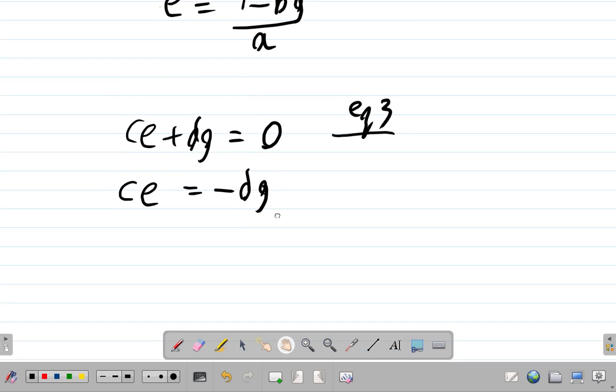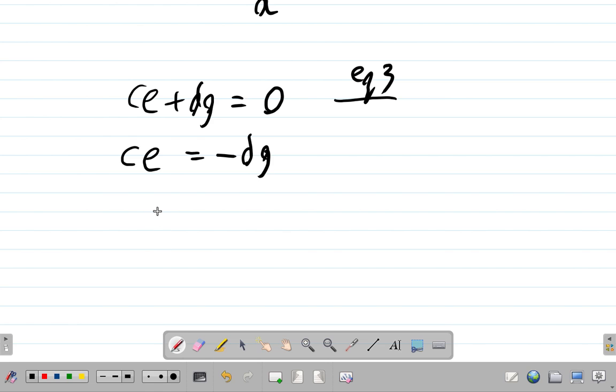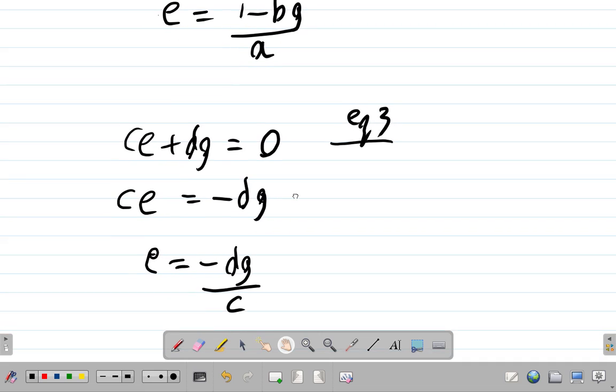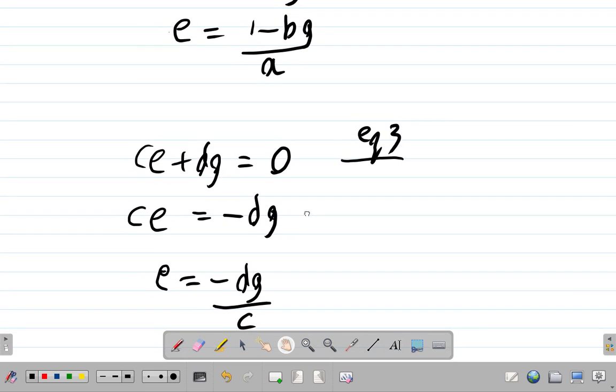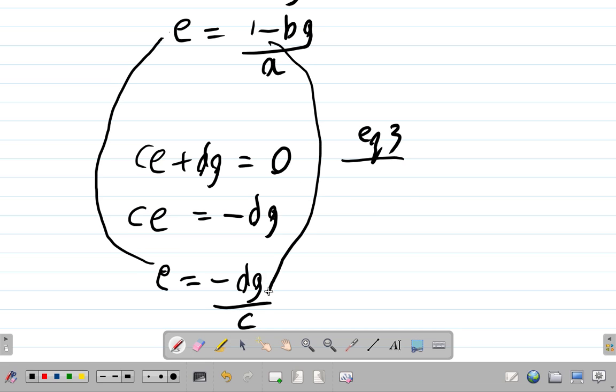Then if we divide both sides by C, what we'll get is E equals negative DG divided by C. Now, here, E is equal to E. Therefore, this must be equal to this.